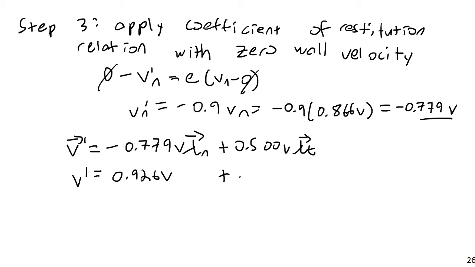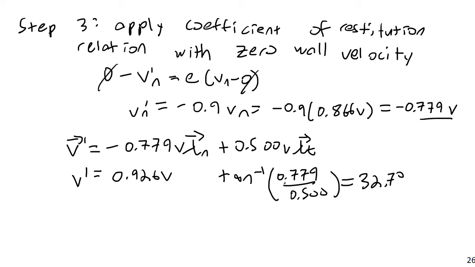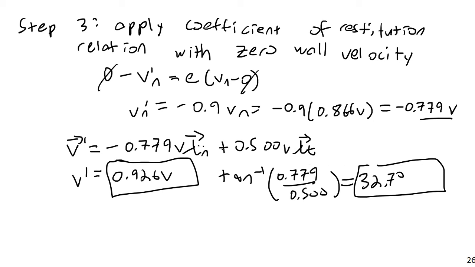And I could find the angle by applying the inverse tangent of 0.779 over 0.500, which would be 32.7 degrees. So this is our magnitude and this is our direction, or this is it in rectangular vector form.